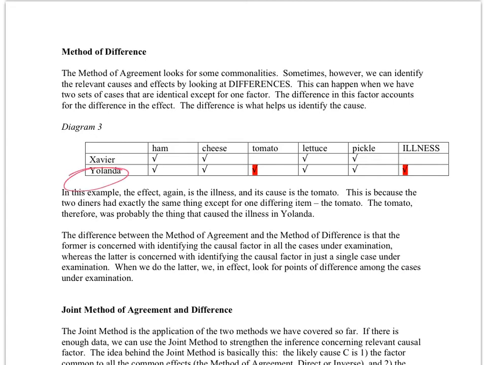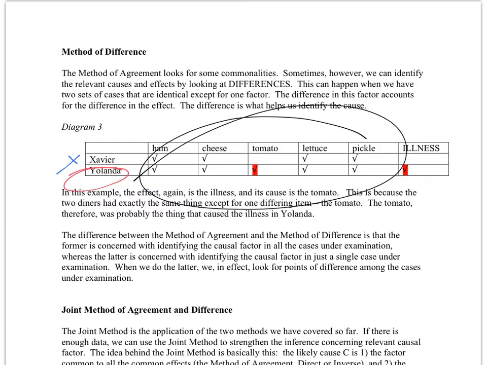So Yolanda is sick, unfortunately, but Xavier happens to be perfectly fine. And the way that we would try to figure out why it is that Yolanda got sick and Xavier didn't, even though they had the same meal, or relatively the same meal, is by looking at what factor differentiated the two meals that they had.